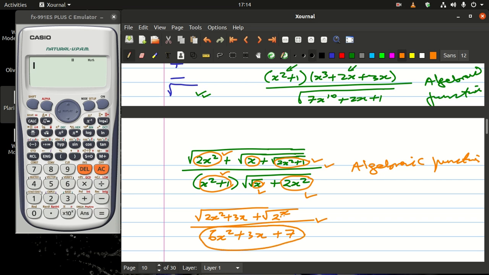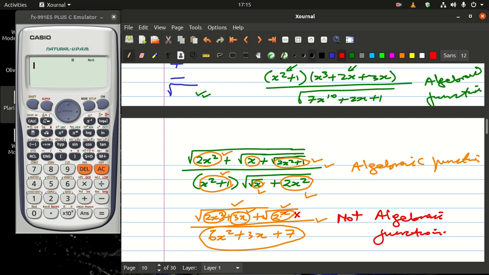Division is allowed. The root is allowed. This one is a polynomial. Addition is allowed. This is a polynomial. Root is allowed. But this thing here is not a polynomial. So this one is not an algebraic function. So that's how you spot it.